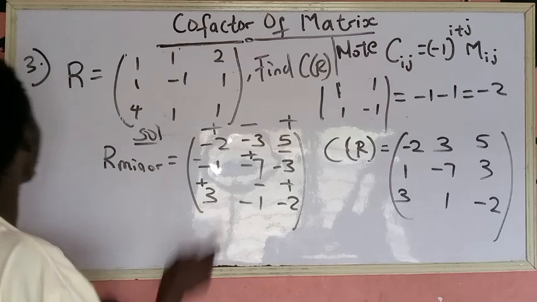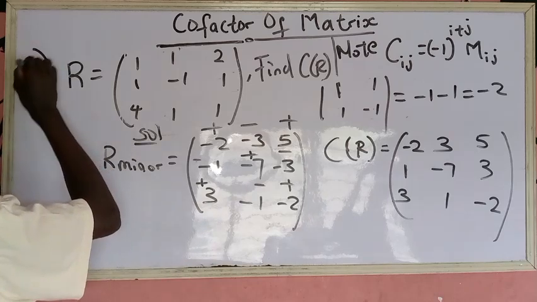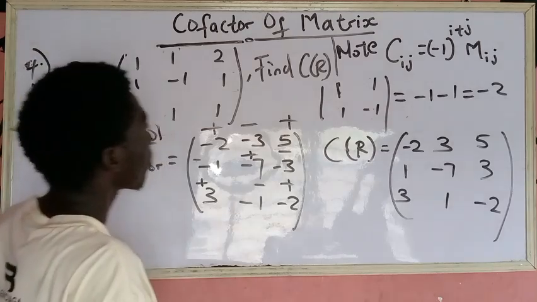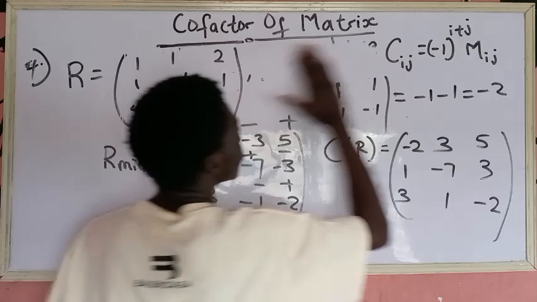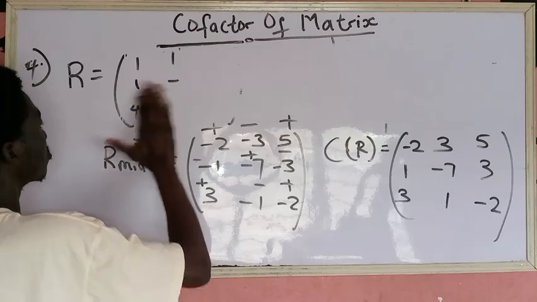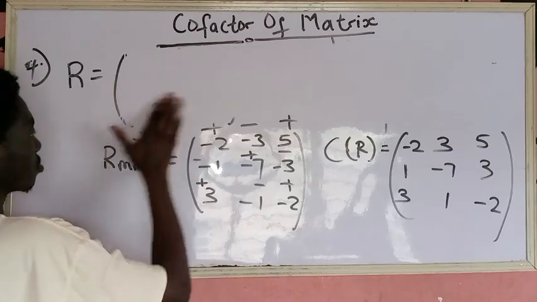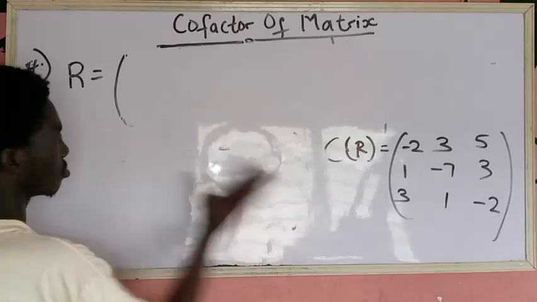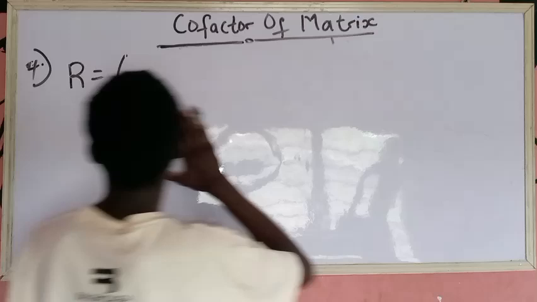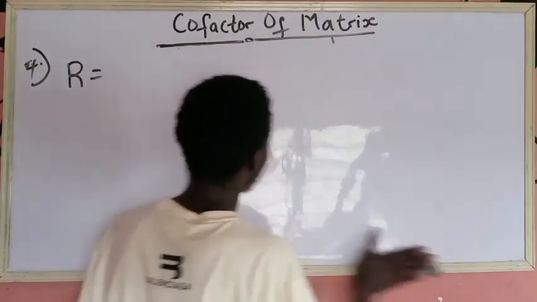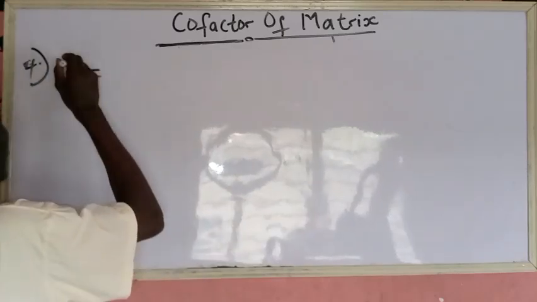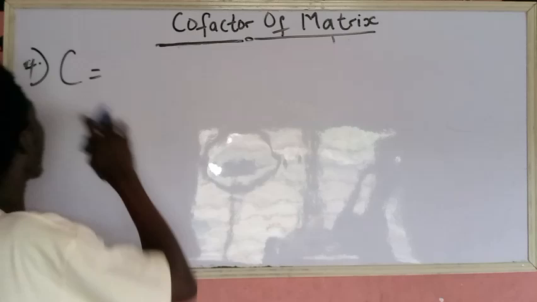Let's go on to another example. Example 5, number 4. Let's find a matrix.